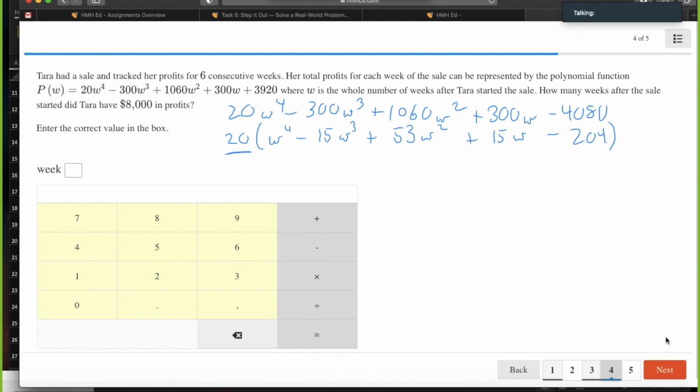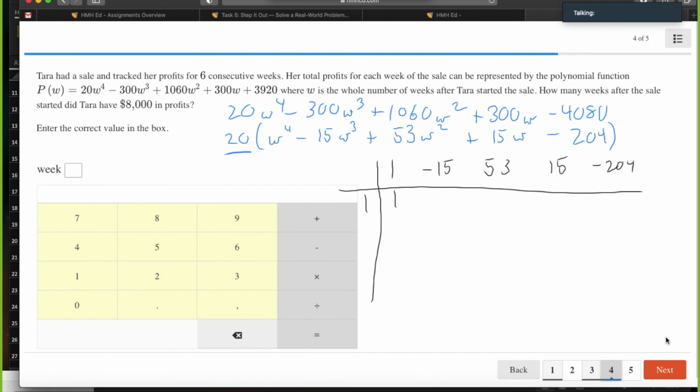So we got 1, negative 15, 53, 15, negative 204. And since we're in the real world, I don't have to worry about negatives because you can't have a negative number of weeks. So we're going to start with 1. Bring the 1 down. Negative 14.